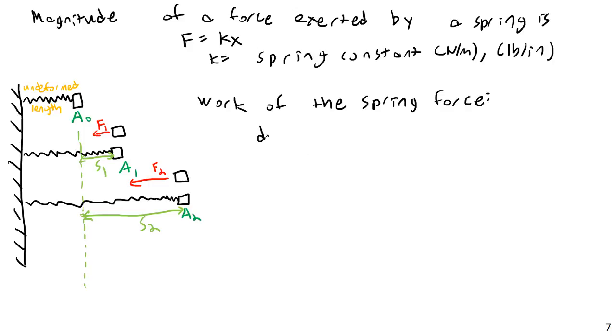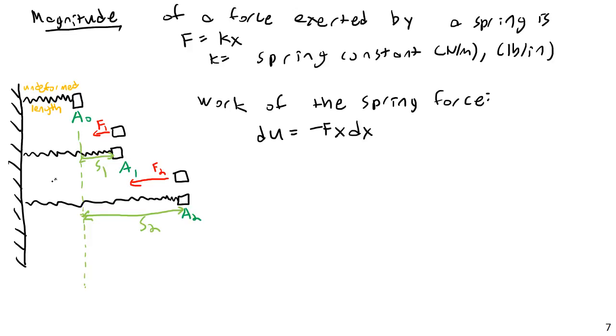Well, dU is going to be equal to negative F of x dx. Previously up here I didn't put the negative because I was just looking at the magnitude; with magnitude we would not have negatives, but I do need some sort of negative here. The force is opposite the displacement.